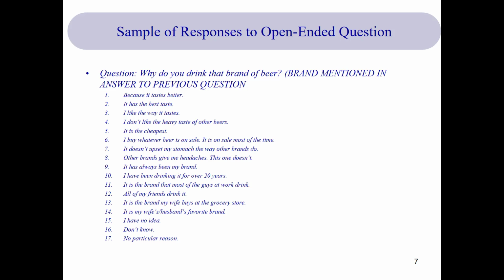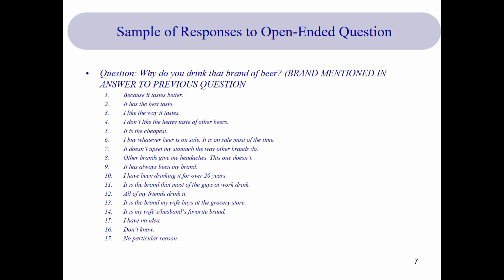The question is really open-ended: why do you drink that brand of beer, in response to the brand mentioned in answer to the previous question. We have 17 open-ended responses. Usually we need to read all those responses to look at the pattern and detect some themes.